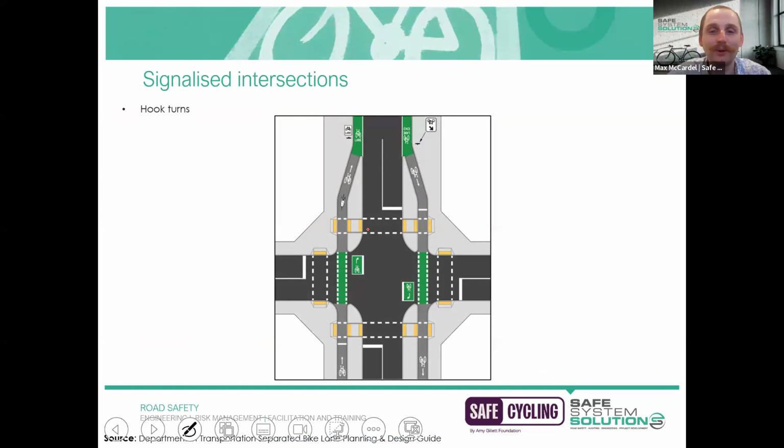And the hook turn box itself, it sits in front of the pedestrian crosswalk area. And it usually just features the bicycle symbol as well as the turn symbol. Gives riders a nice clear area where they can prop and wait until they get their green and then head over to complete their right turn.